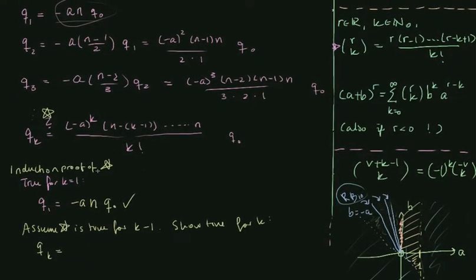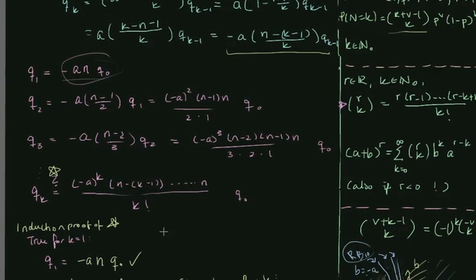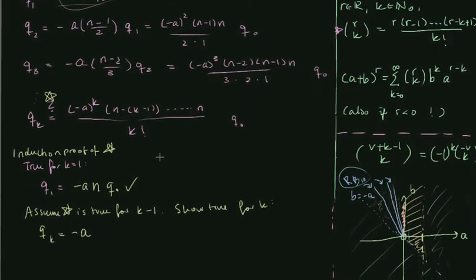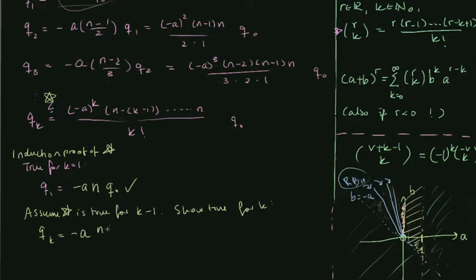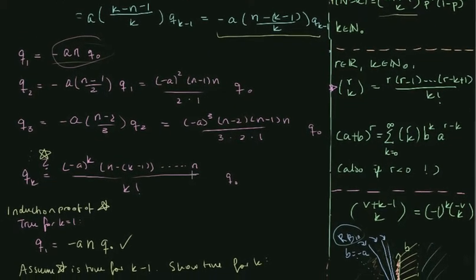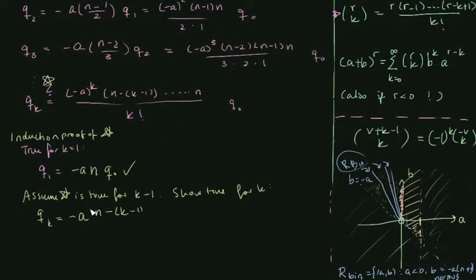In terms of qk minus 1, it's minus a multiplied by n minus (k minus 1), divided by k, multiplied by qk minus 1. And we have what qk minus 1 is, so we can plug that in.